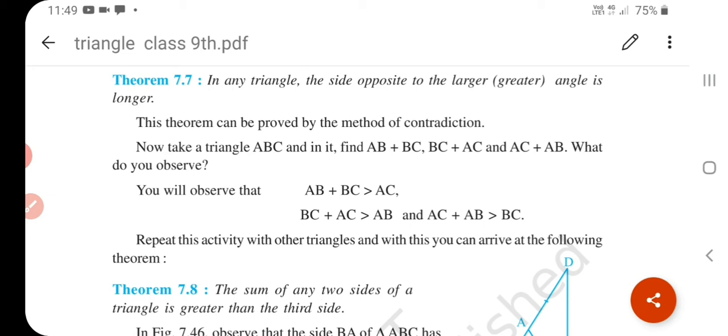Okay, the sum of any two sides of a triangle is greater than twice the median drawn to the third side. Okay, the perimeter of a triangle is greater than the sum of its three medians. Okay, students, the exterior angle of a triangle is greater than either of the opposite interior angles.